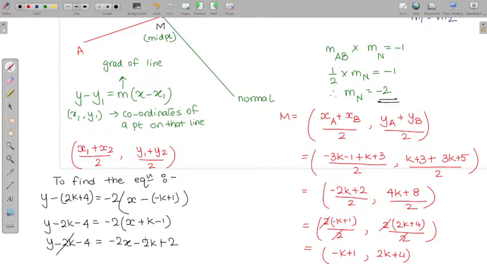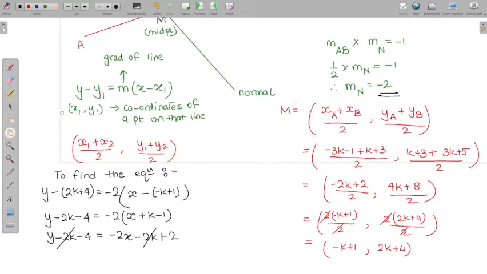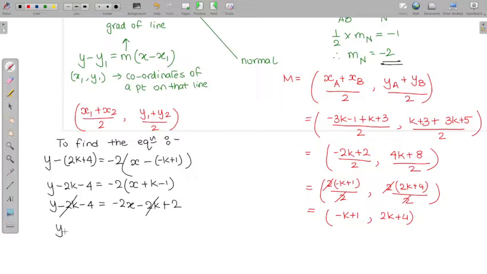So this minus 2k and this minus 2k should get cancelled. Why? Because if I take this minus 2k to the right hand side, minus 2k plus 2k should be 0, right? So next will be y minus 4 equals minus 2x plus 2.